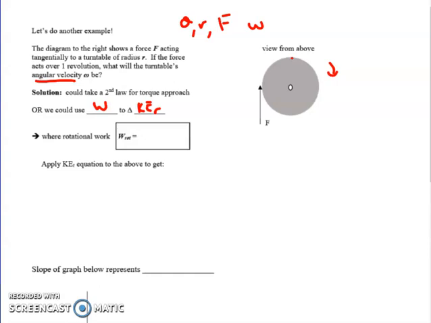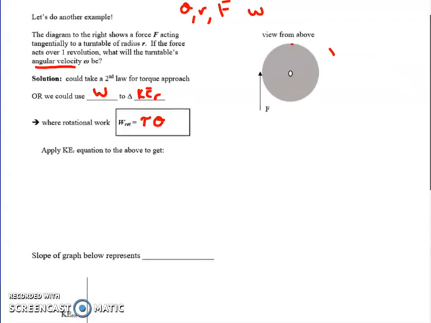There's really no difference between them. Linear work is a force times distance, so the analog would be a torque times an angular distance. I'm going to show you off to the side here why they're the same thing. A torque is an F times an R, whereas theta is some distance, I'll call it delta x, over R, and sure enough we get F times delta x. So it's essentially the same thing, just written differently in terms of the rotational aspects.